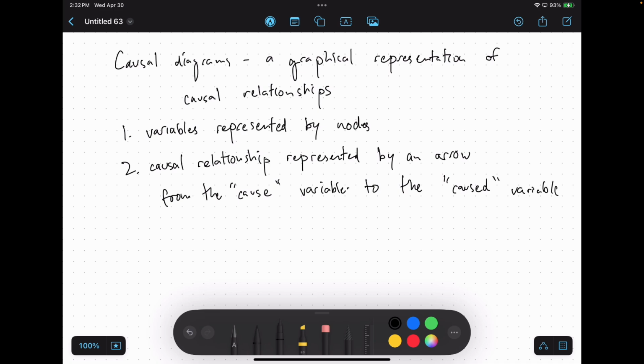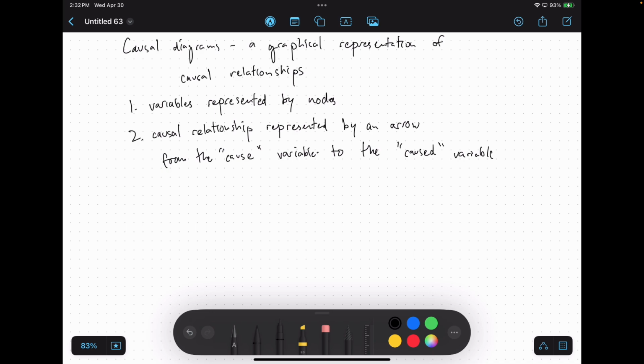So basically it looks like this. If you think that x causes y, you'd have your nodes x and y with an arrow going from x to y, denoting x as the thing that has the effect, and y as the thing that is getting affected in a causal way. Okay? Pretty straightforward.